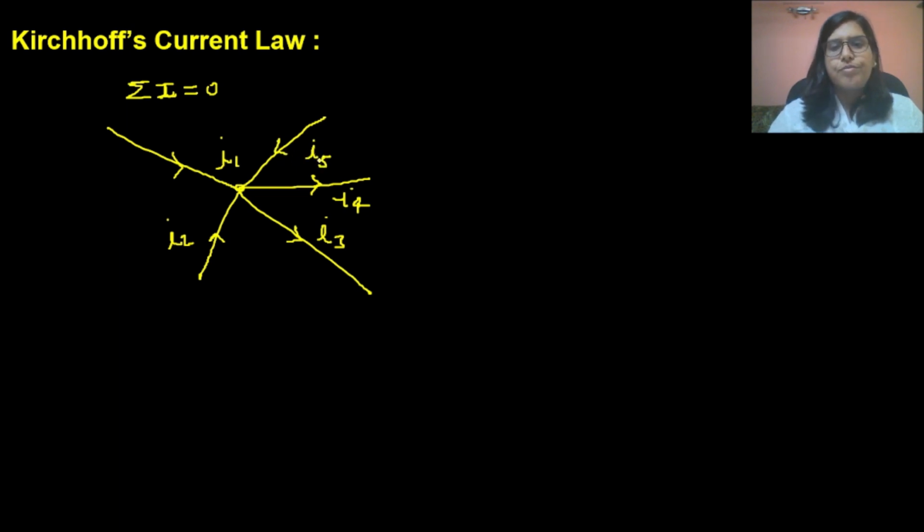So the sum of all currents, algebraic sum, so I1 plus I2, now I3 will be taken as minus I3 because it is leaving the node. Similarly I4 plus I5, this will be 0, right?